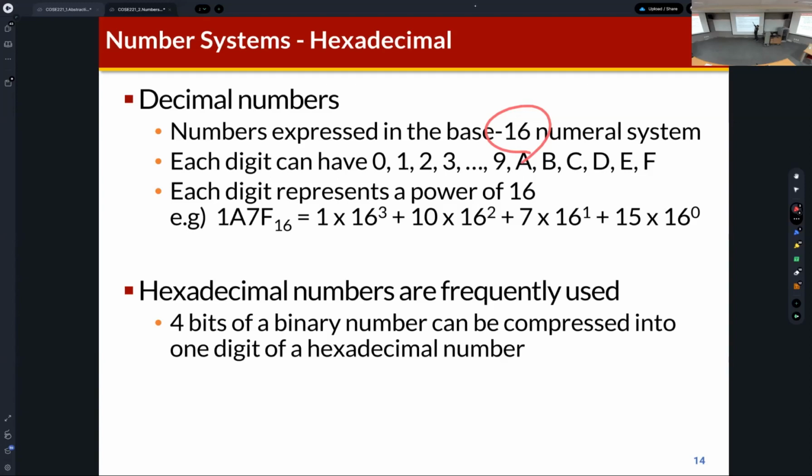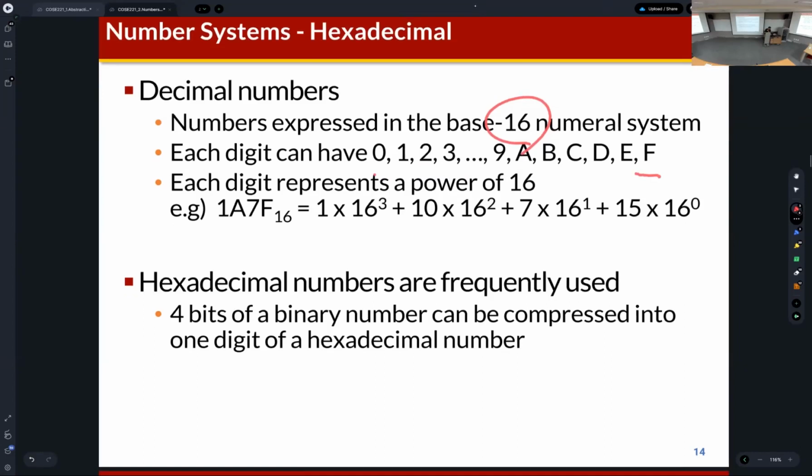A means 10, B means 11, and F means 15. So each digit can have 0 to 15, but actually we use 0 to F. This is 10, this is 11, this is 12.